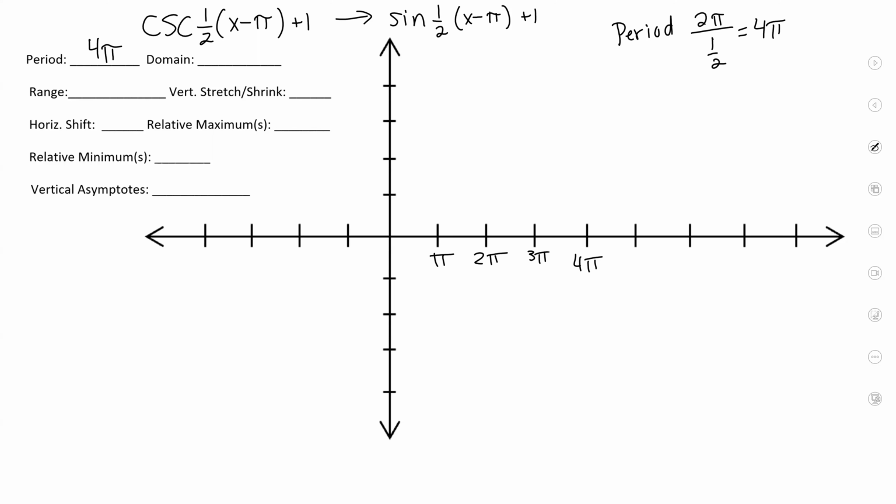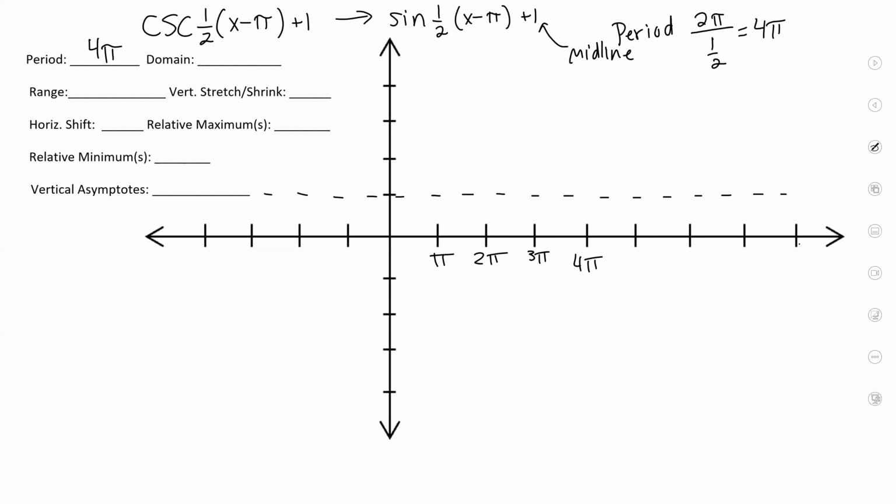This point right here tells me the midline, which is at 1. So everyone, you can sketch your midline at 1. Also, guys, you have a shift right here. It shifts to the right by pi. So instead of starting here like I normally would, I need to start here because it shifted to the right.